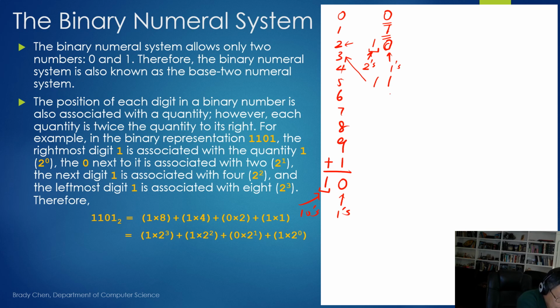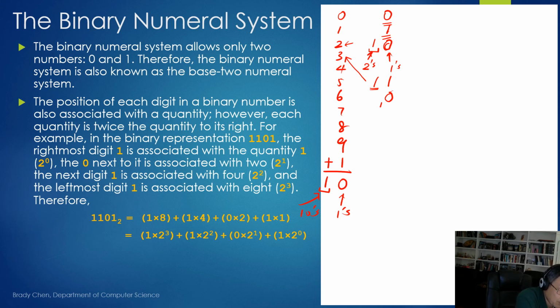So we reset the 1's position to 0. We're supposed to add 1 to the 2's position, but we find there's already a 1 in the 2's position. So we end up adding 1 to 1.